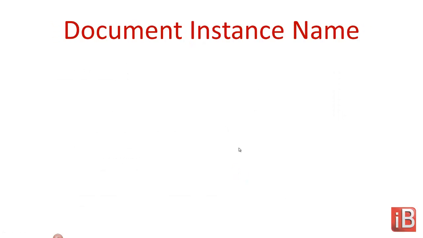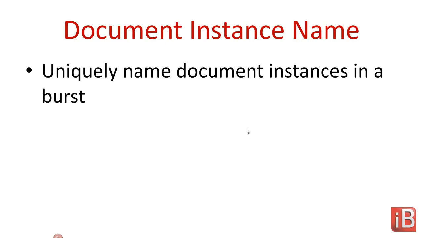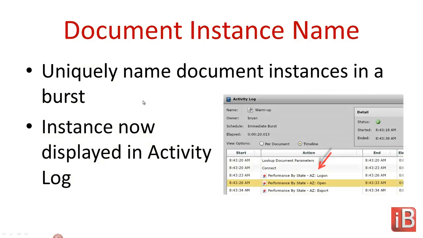The next change regards the document instance name. In build 122, we introduced the ability to uniquely name document instances in a burst. This is typically done where the burst contains multiple instances of the same report, where we would want to uniquely name that instance to identify what it does in the burst. What wasn't provided in 122 was the ability to discern that particular document instance in the activity log.